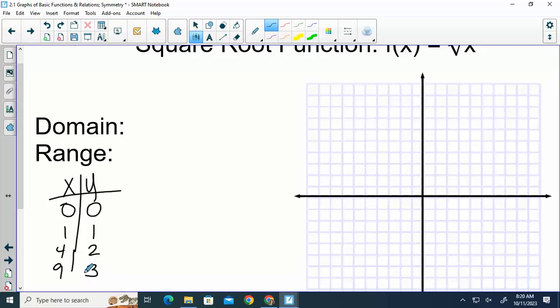Can I put in negatives? Why? Yes. If you put in negatives, they give you imaginary numbers, and we are only graphing real numbers here. So 0 is the smallest thing we can put in. 0, 0, 1, 1, 4, 2, 9, 3.